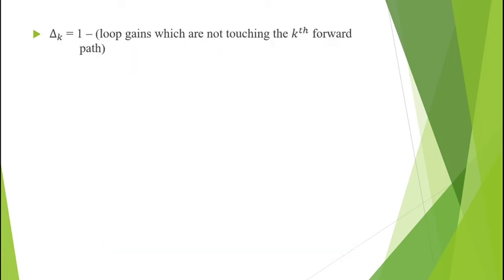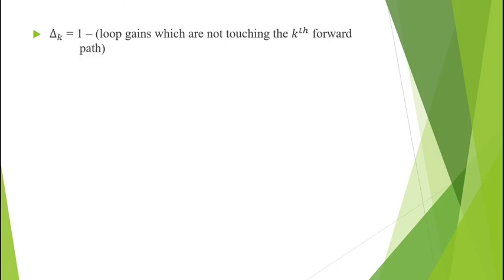Now you have to calculate the value of delta k. Delta k is nothing but delta 1, delta 2, delta 3 and so on up to delta k. But in this case, the value of k is equal to 1, that is the number of forward paths. So we have only one delta value, delta 1, and delta 1 is calculated as 1 minus the loop gains which are non-touching the kth forward path. As I already mentioned, we have only one forward path. So we have to find the loops which are not touching this forward path.